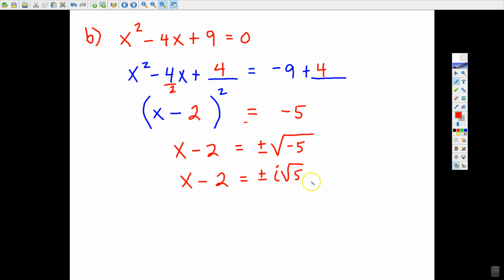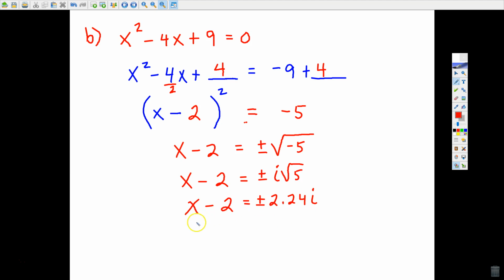So instead of leaving it like this, I'm going to change it to the decimal equivalent. Instead of the square root of 5 times i, we're going to say plus minus 2.24i. Okay, either way is okay. Sometimes we'll leave our answer in simplified radical form. Today we're going to leave our answer in rounded decimal form.